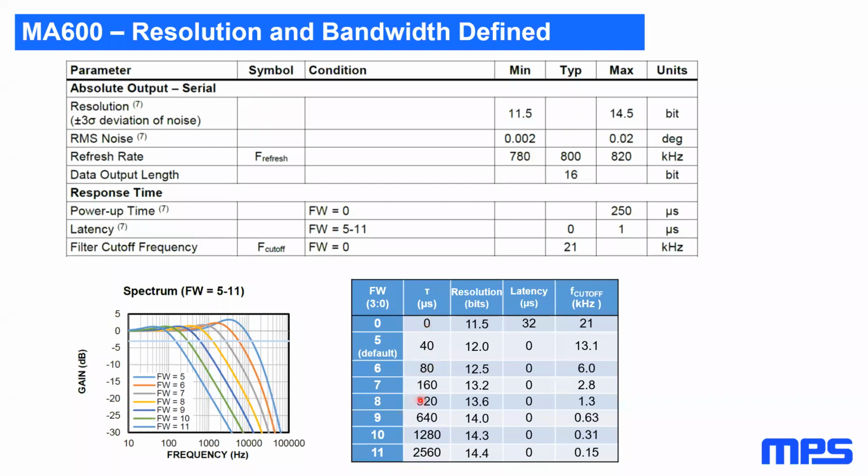Whatever you've set your filter to, let's say it's at the default of 5, so 40 microseconds. Based on your acceleration in radians per second squared or degrees per second squared, you multiply that acceleration times 40 microseconds squared, and you'll get the angle lag in degrees or in radians.